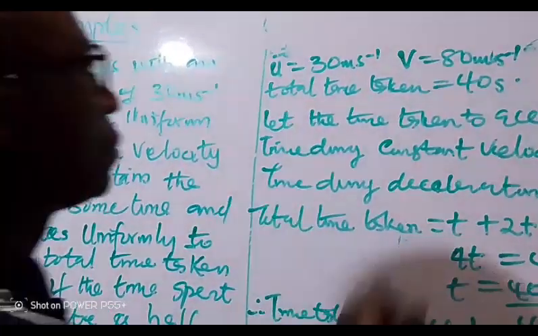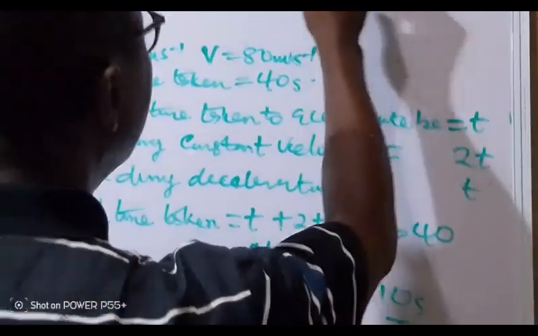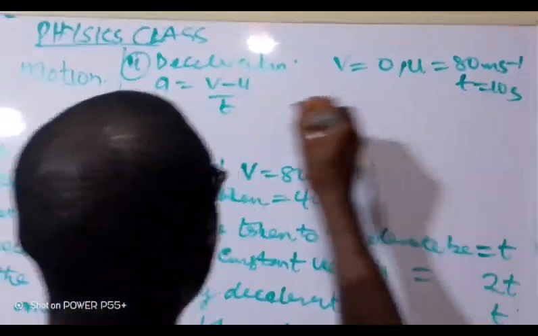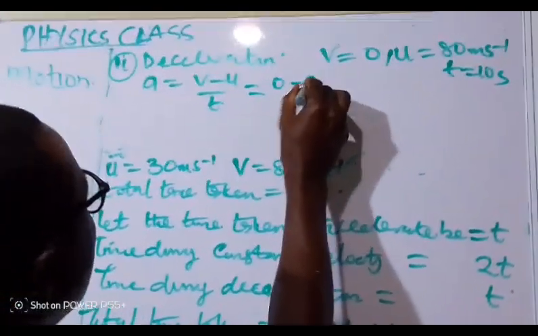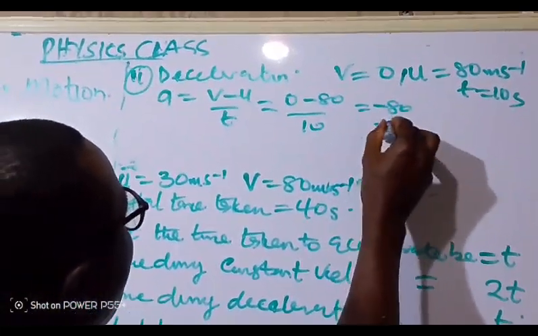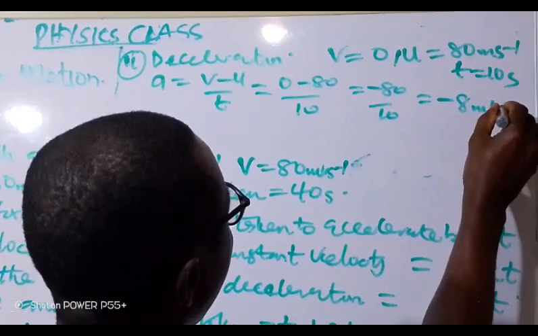The time taken to decelerate, as we calculated here, T is equal to 10 seconds. Putting all this in, a will be equal to 0 minus 80 over 10, that is minus 80 over 10. The answer will be equal to minus 8 meters per second squared.